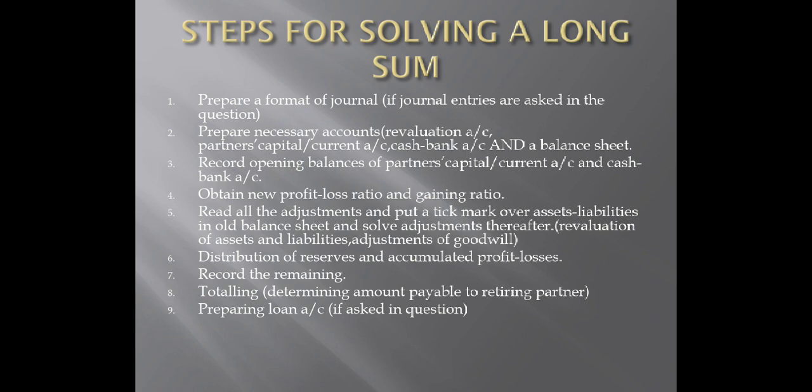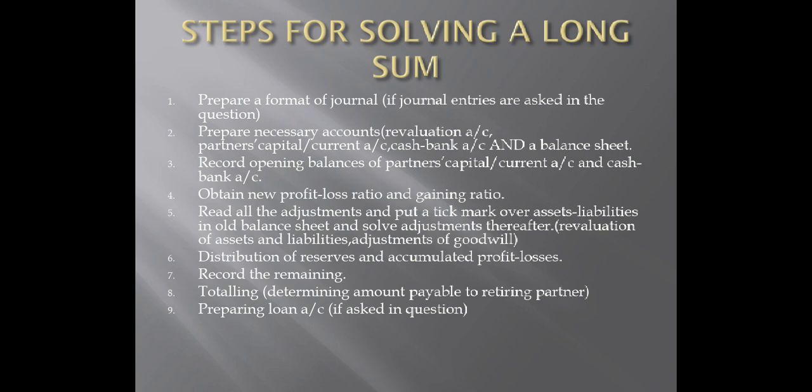Yes? So what is the formula for gaining ratio? And what is the formula for new profit and loss sharing ratio? Obviously, we have understood this and I have mentioned this in the previous lecture. And it is expected that you remember all the things. And if not, you should revise carefully.